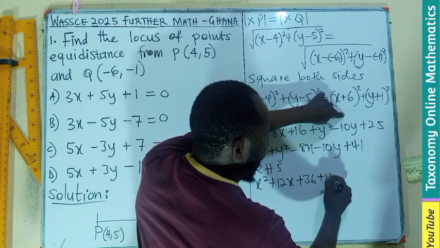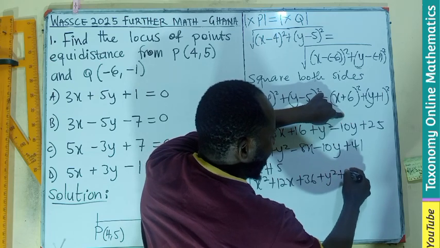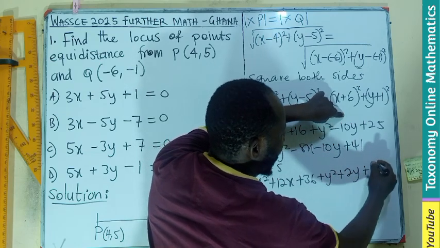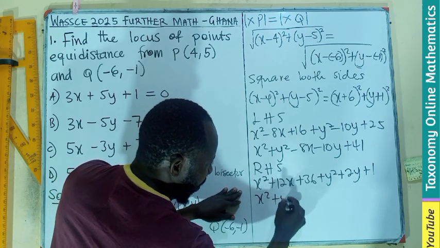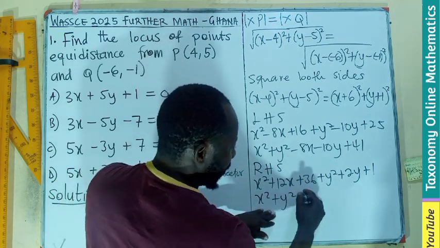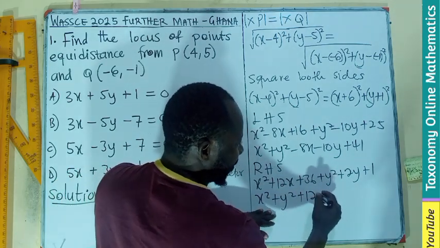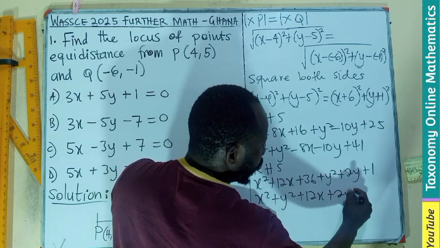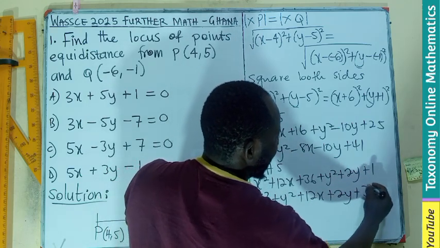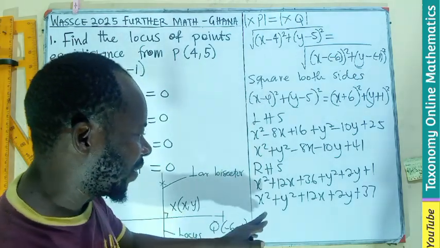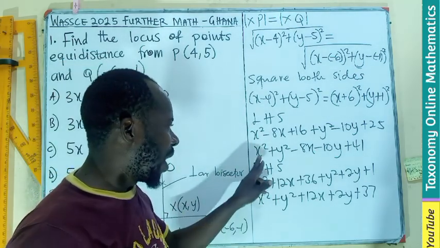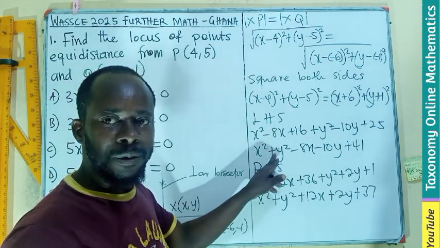Square the first, y squared, twice their product, 2y, square the last, 1. So putting the x squared and y squared together: x squared plus y squared plus 12x plus 2y plus 37. Now equating the left and the right, the x squared and the y squared cancel.